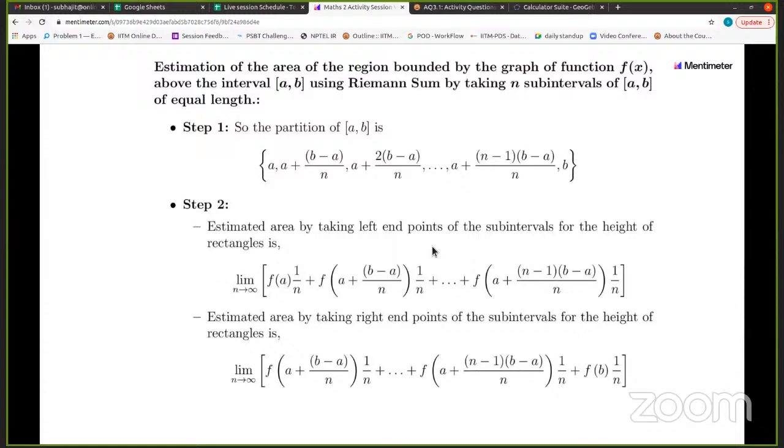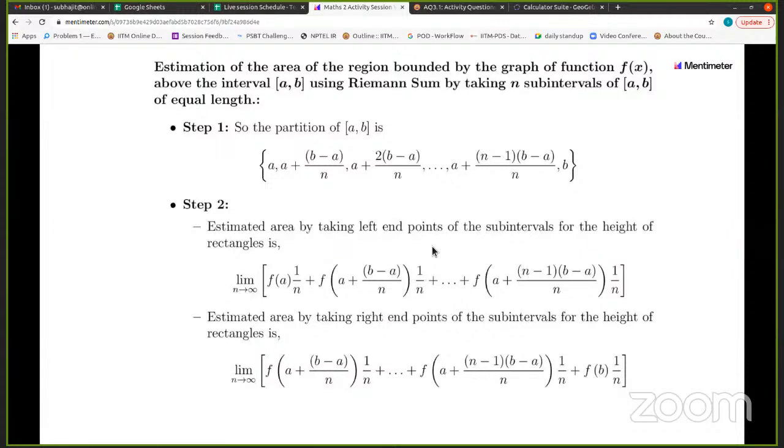Suppose a closed interval AB is given, and I take a partition of equal-length subintervals. The length of the interval is b minus a, and dividing it into n subintervals, each length will be b minus a by n.